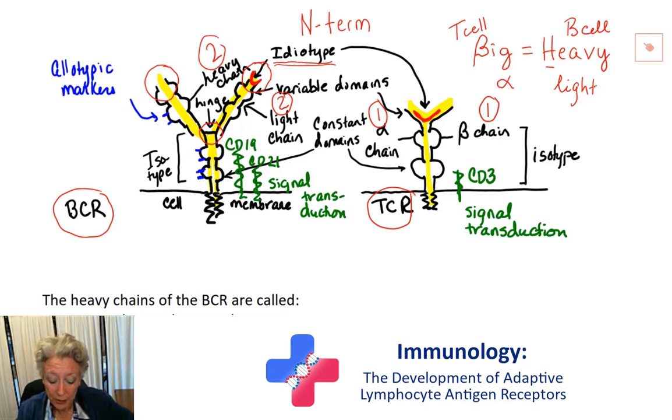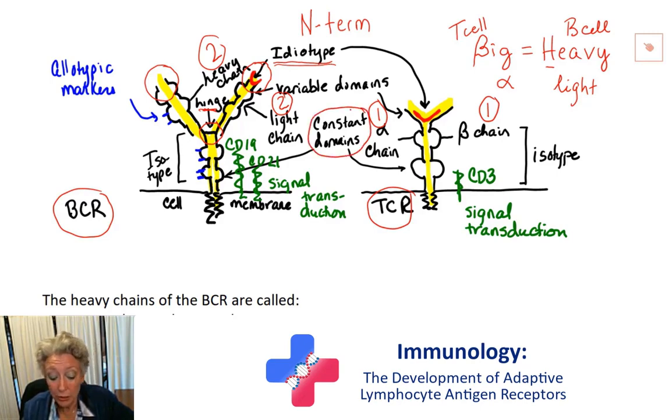Now, if you notice, other than that, we have some flexibility built into the B cell receptor through the hinge, which allows the two arms to stretch either closer or further apart from one another. We then have a group of what are called constant domains that are downstream from that N-terminal end.